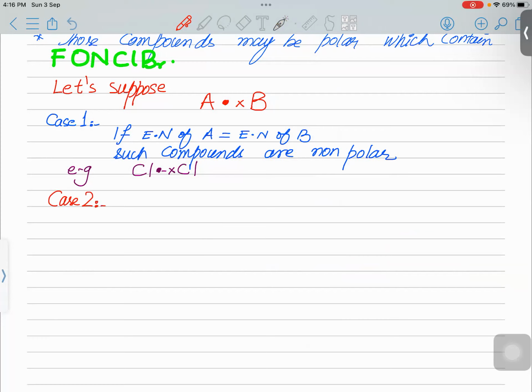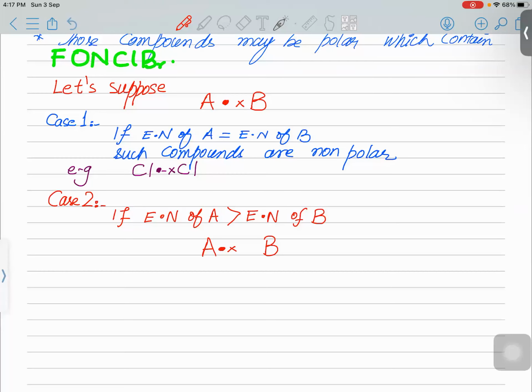Case number 2. If electronegativity of A is greater than electronegativity of B, in this case this bond pair moves towards A, because power to attract bond pair of A is greater than B. Now, if an atom gains electron, which charge is developed?